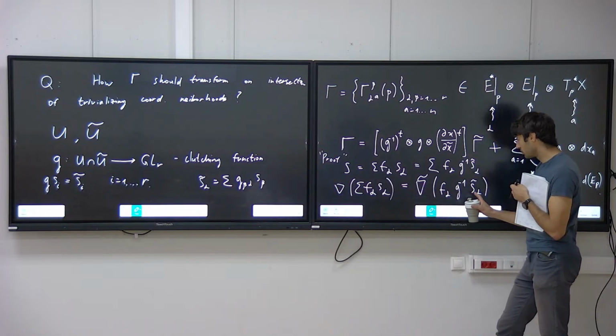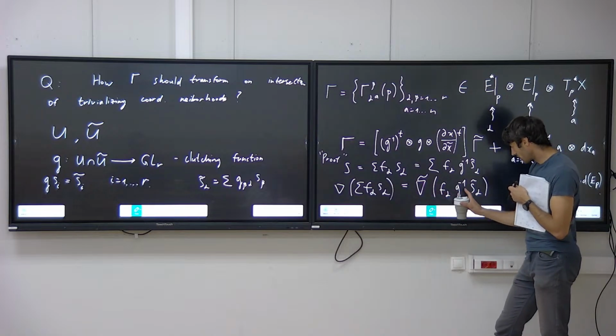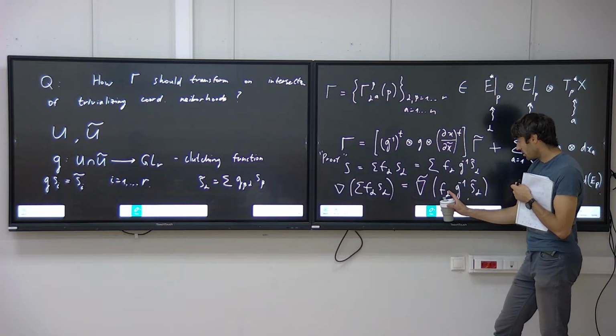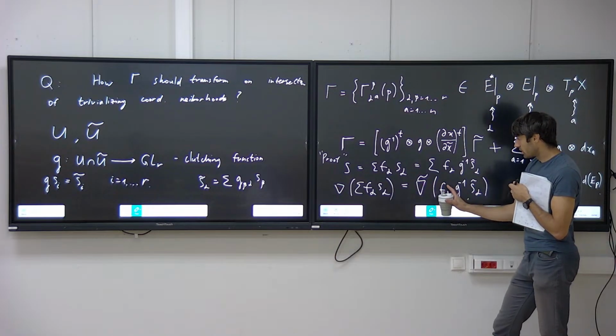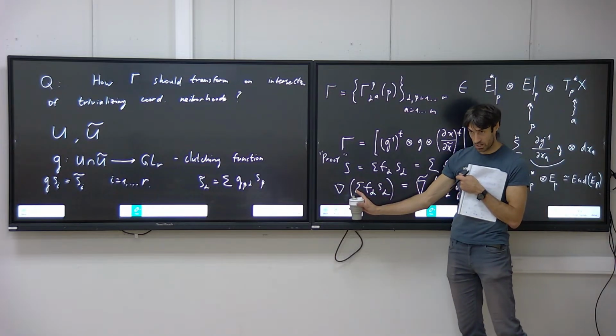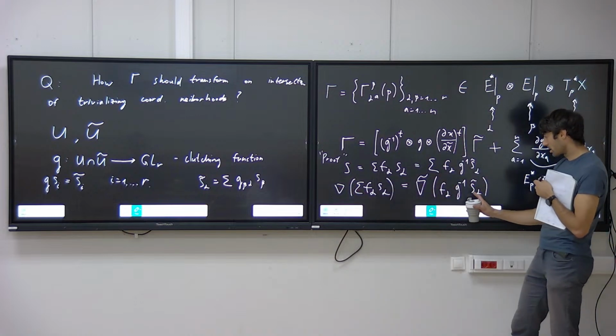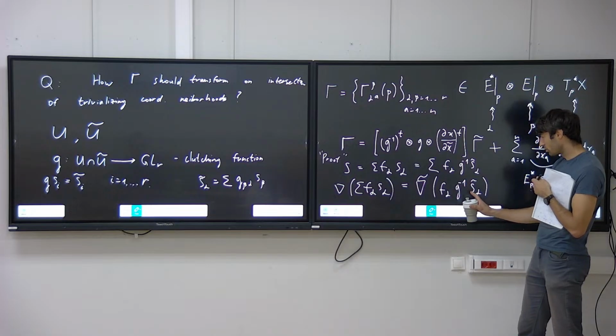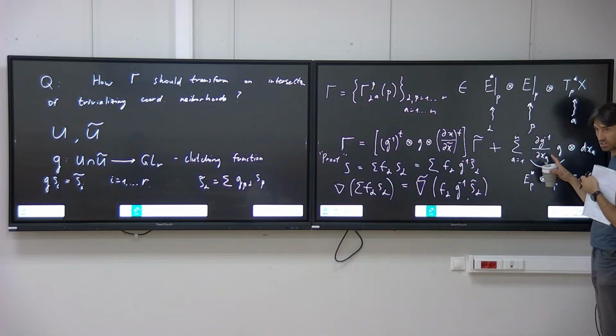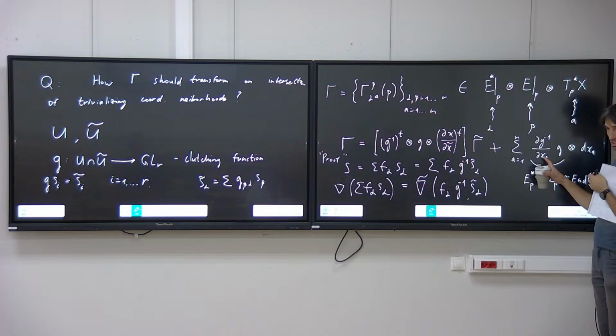Plus apply nabla tilde to this one, right? So when I compute the differential of this, it will be the differential of this plus the differential of this. The differential of this will be cancelled with what I have on the left. And here I will have an additional term, which is the differential of G inverse. That's exactly it.